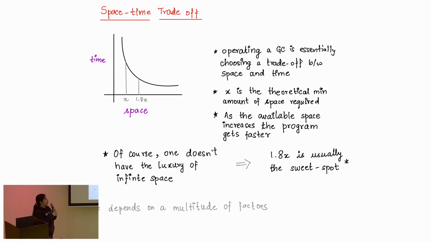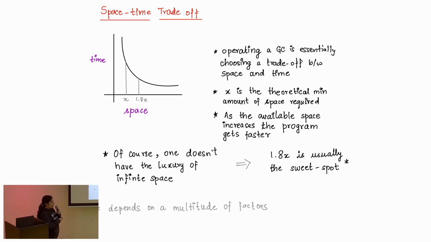Okay, first off, operating a GC is a trade-off that you pick between space and time. Right? So let's say X is the amount of space that is the theoretical minimum you need to operate your program. And this is a ballpark figure, but 1.8x of that space is something of a sweet spot that you have.